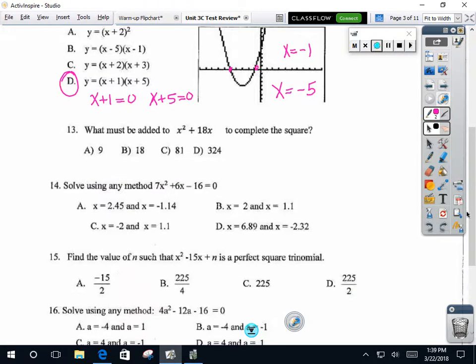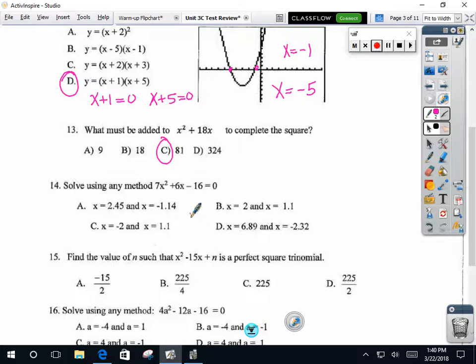All right, number 13. What must be added to x squared plus 18x to complete the square? Any ideas? Okay. Yeah. Very good. How'd you get that? You're right.